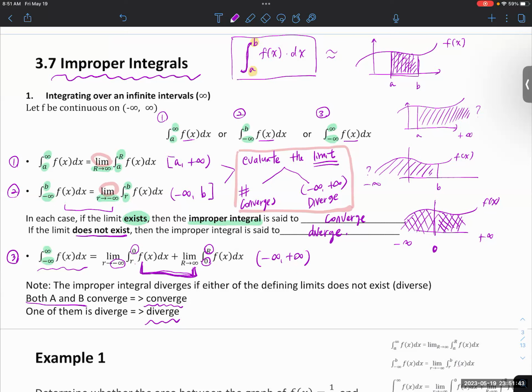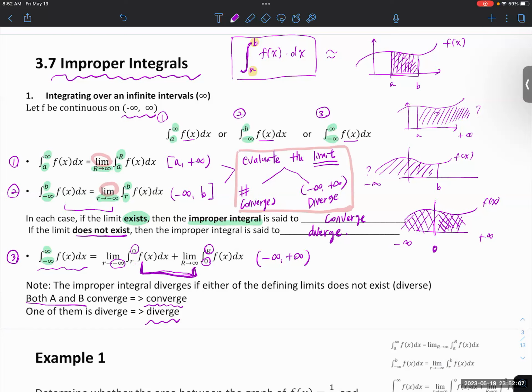You are going to deal with integrals, especially when the integral involves infinity. So we have three scenarios: from A to positive infinity, from negative infinity to B, or entire negative infinity to positive infinity. How would you find the area under the function? It's the same question.